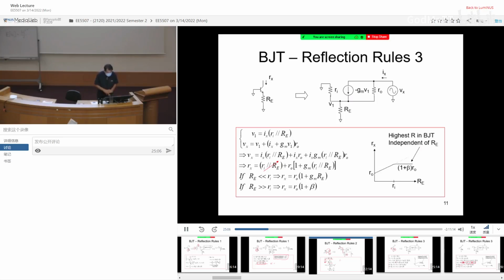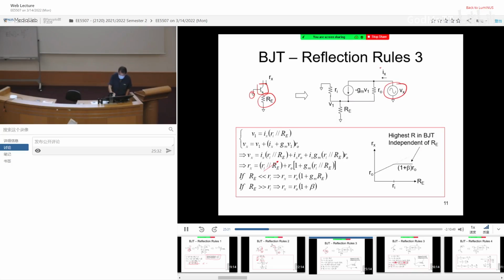Now, reflection rule number 3, you have Rx over here. Your base is grounded, you insert the resistor at the emitter side. Now, frankly speaking, there is no trick here. I ran out of tricks, so this one I really have to go back to fundamentals, deriving everything in mathematics. So I replace the transistor with hybrid pi. I apply a test voltage Vx.